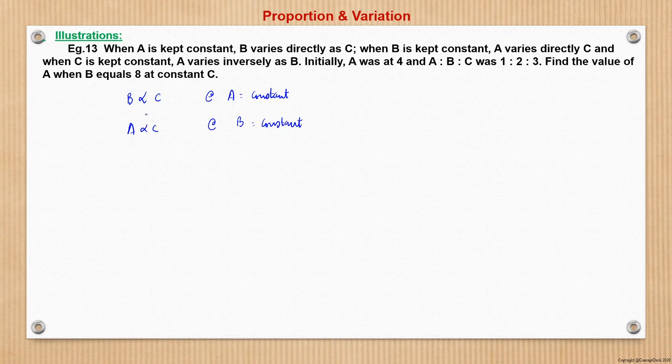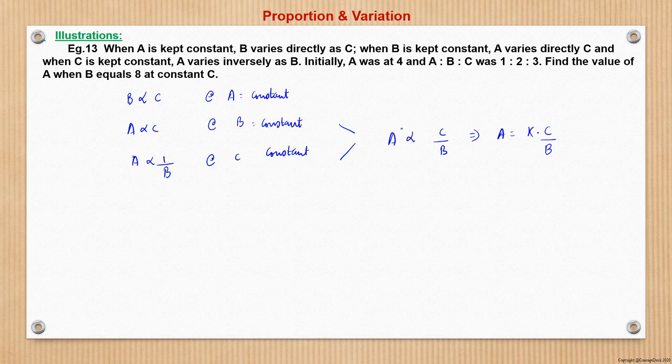And when c is kept constant, a varies inversely to b. So from these two, equation 2 and 3, can I say a varies somewhere like c by b? A varies directly to c and a varies inversely to b, right? So this I can further write as a is equal to some constant k times c by b, right?